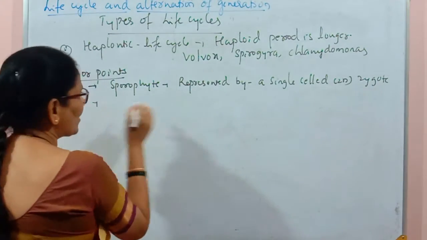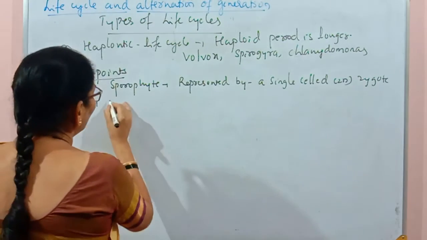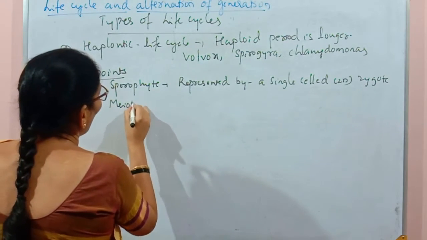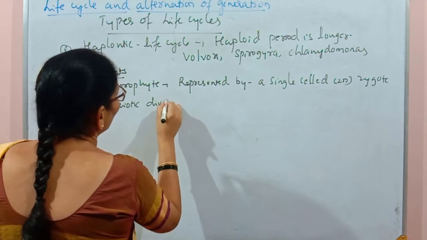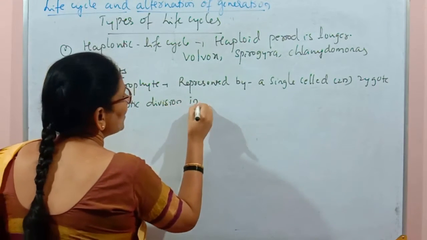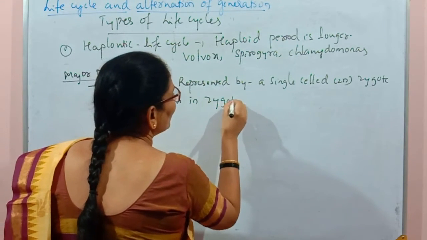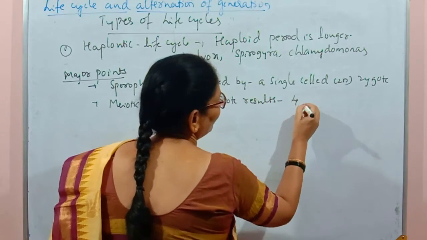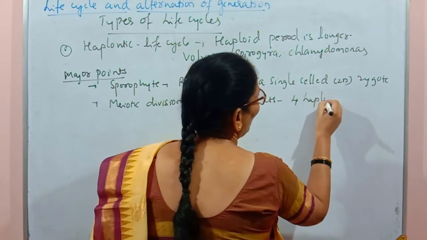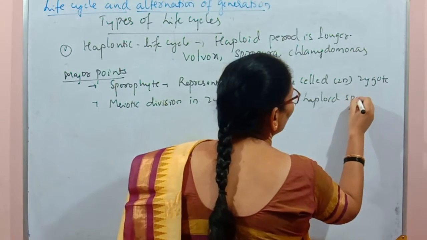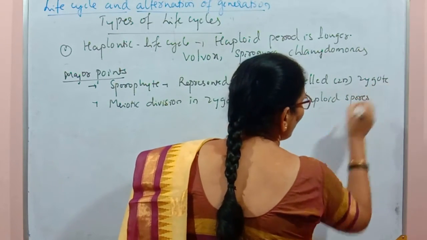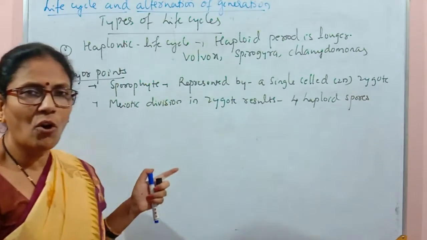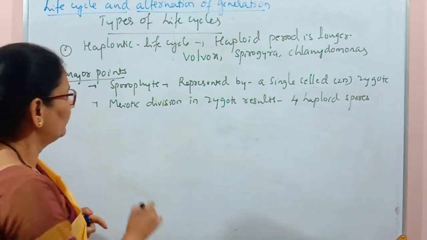When meiotic division takes place in this zygote, it results in 4 haploid spores.